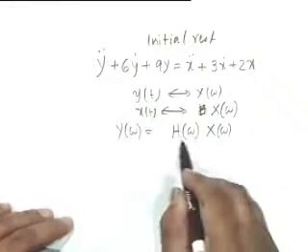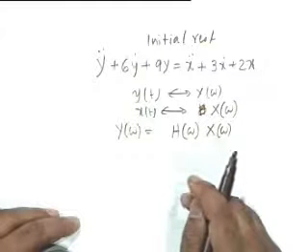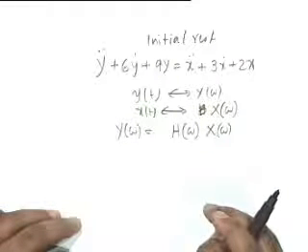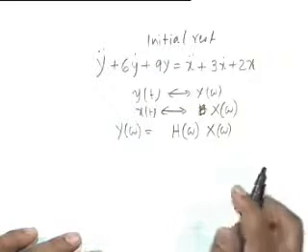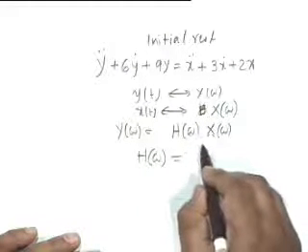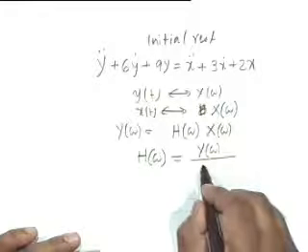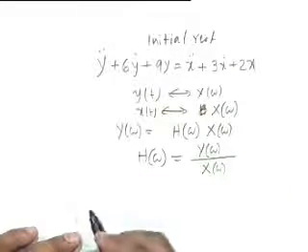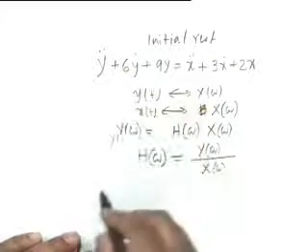Capital H of omega is the frequency response, which is the Fourier transform of the impulse response. So the frequency response can be obtained by taking the ratio of Y of omega to X of omega. This is what we are doing here.